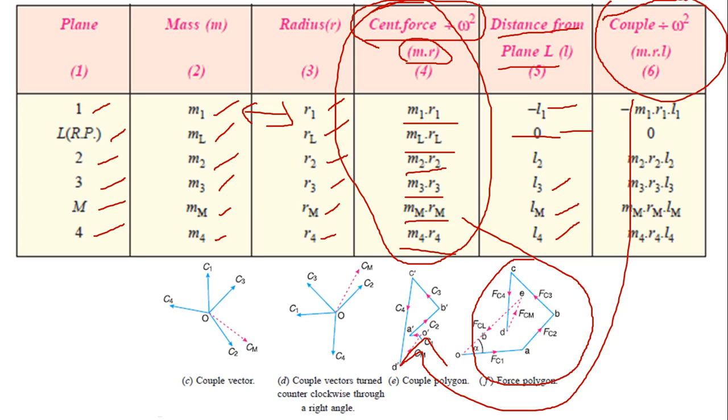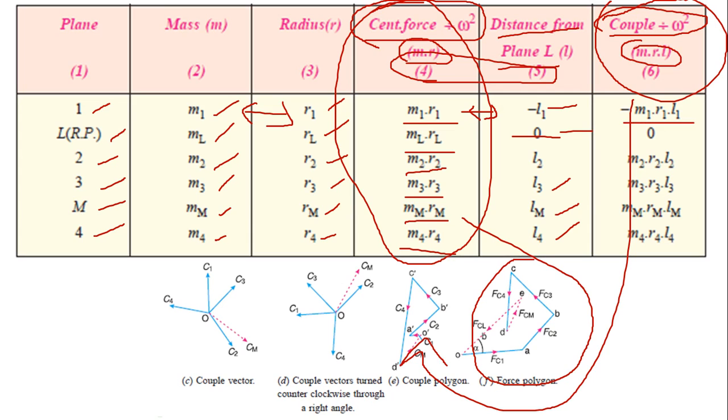Now the sixth column here will be couple divided by omega square, so it will be nothing but M into R into L, the product of the fourth and fifth. So the product of these two, M1 into R1 into L1, is minus, so it becomes minus M1 R1 L1.